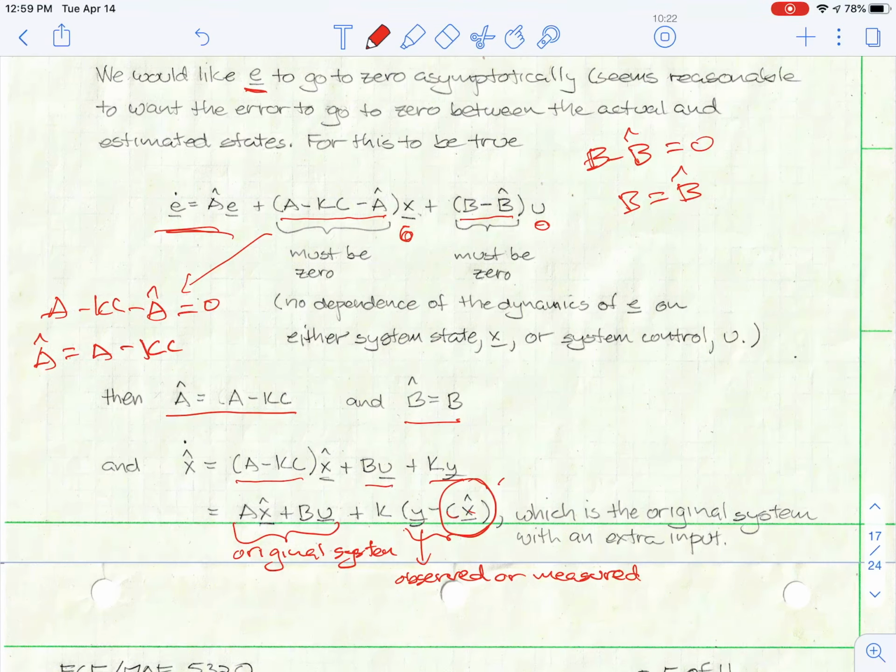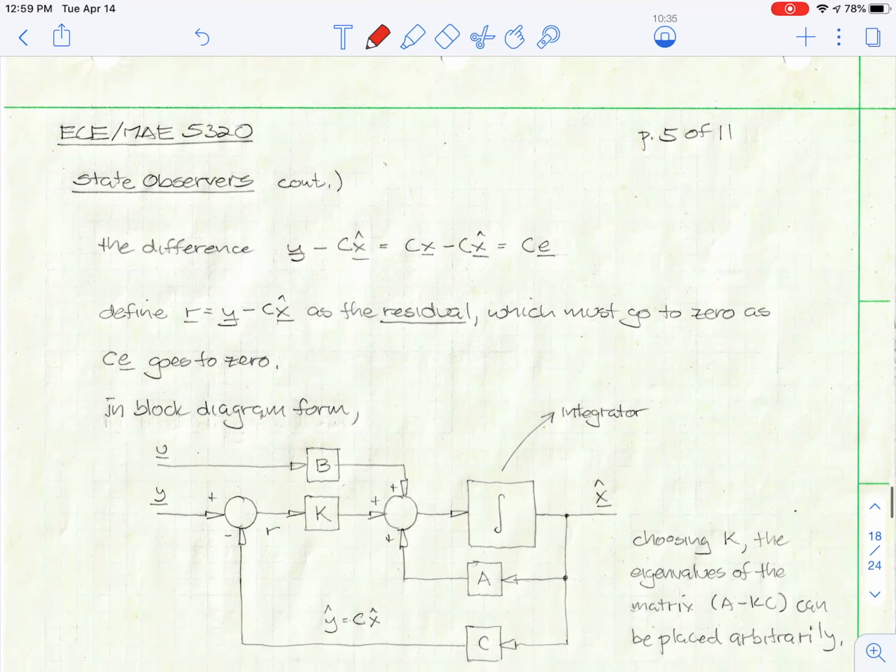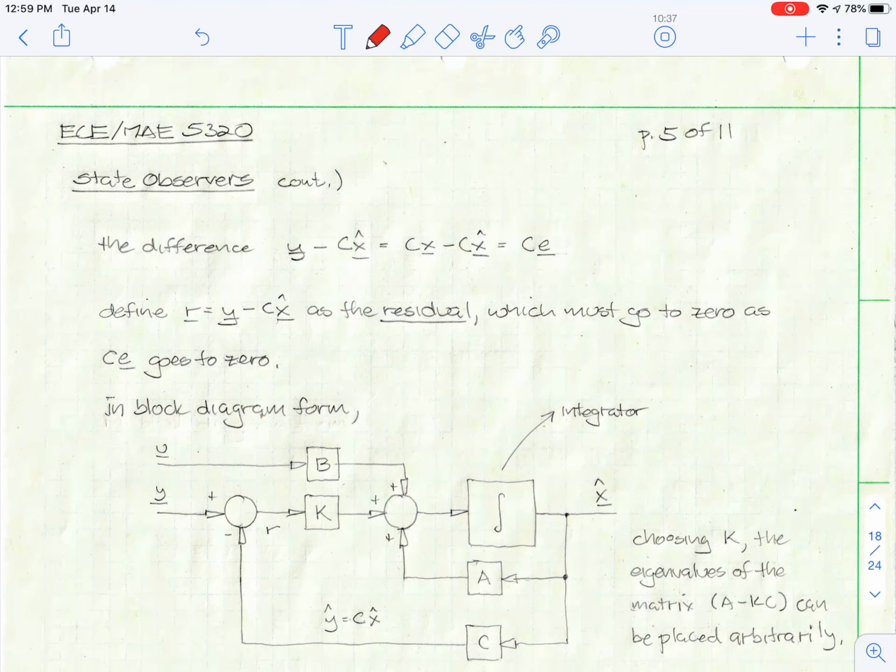This is the C matrix, the thing that picks off the measurements, times the estimate of the state, and then I multiply that by some value K. Okay, so this difference, y minus C x hat, is C x minus x hat, which is C times the error. This y minus C x hat is referred to as the residual, and it must go to 0 as Ce goes to 0.